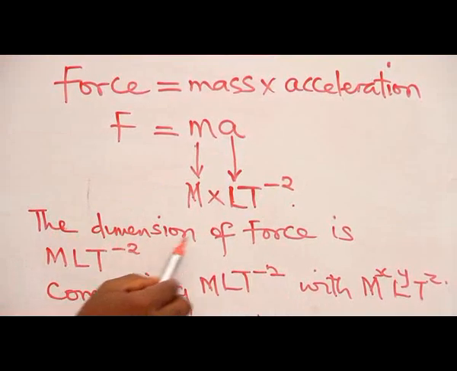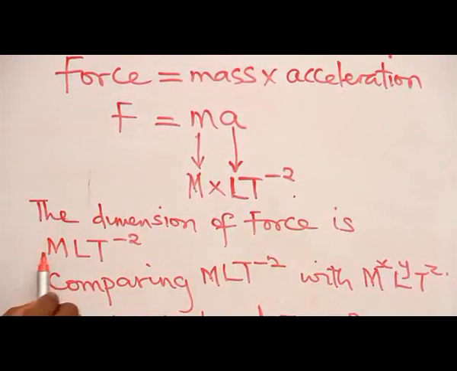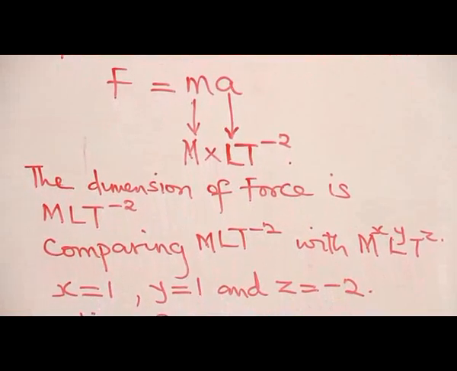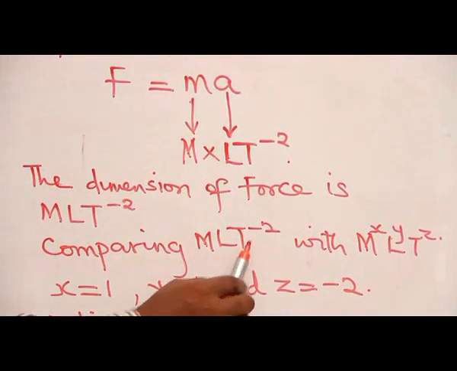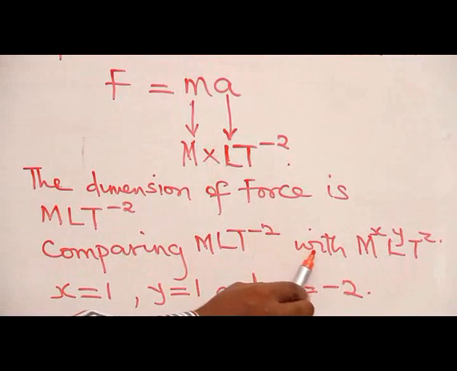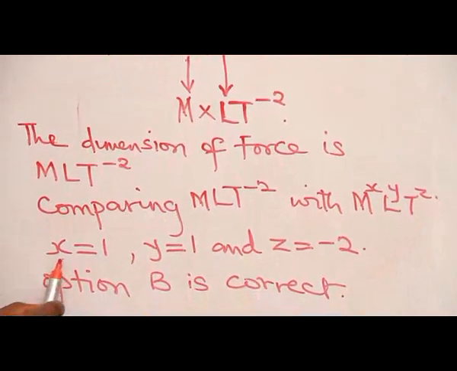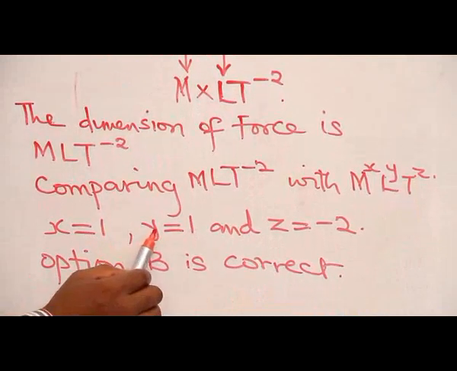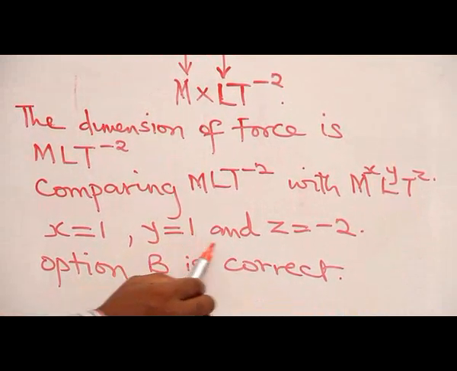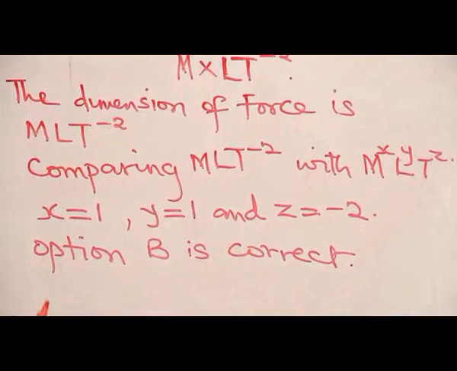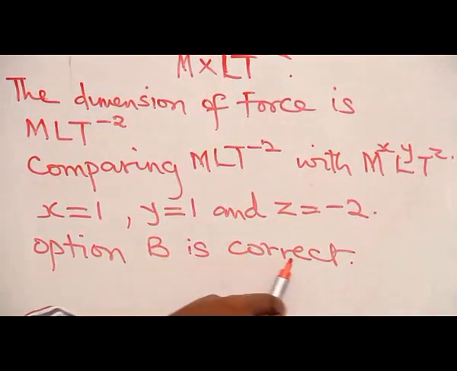Thus, the dimension of force is MLT^-2. Comparing MLT^-2 with M^x L^y T^z, x equal to 1, y equal to 1, and z equal to minus 2. Thus, option B is the correct answer.